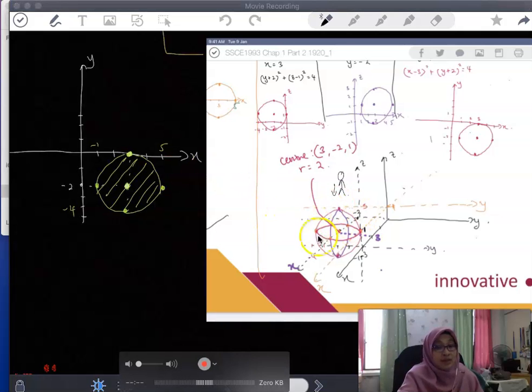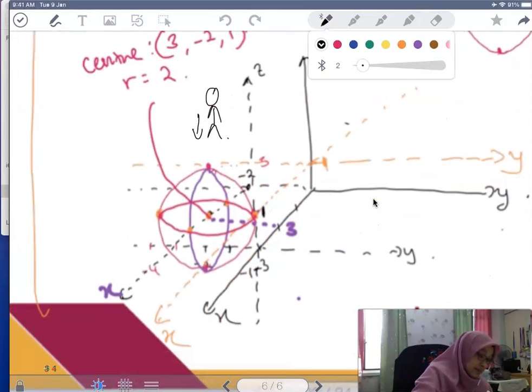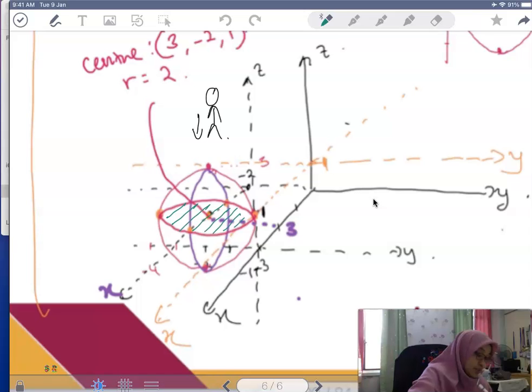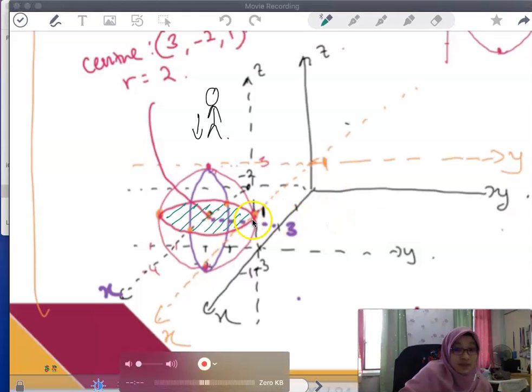So meaning that, where is your domain actually? Where is this on the 3D? The sketching is lying over here. That is your domain. The possible x and y, so that your z is always real, lie only inside this circle. If you choose outside, definitely your z does not exist because it is outside of the surface.